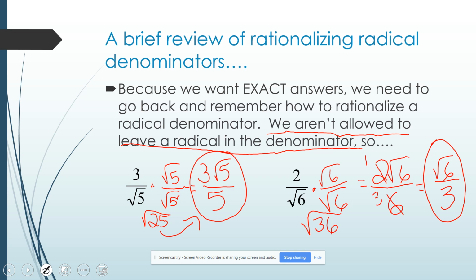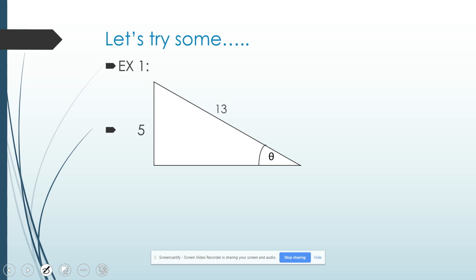Now that we've gotten all of this refreshed, let's try finding the 6 trig values. So the directions here are to write the 6 trig ratios for each triangle. Well, in order to be able to write my ratios, I need to make sure that I have the value of all 3 sides.